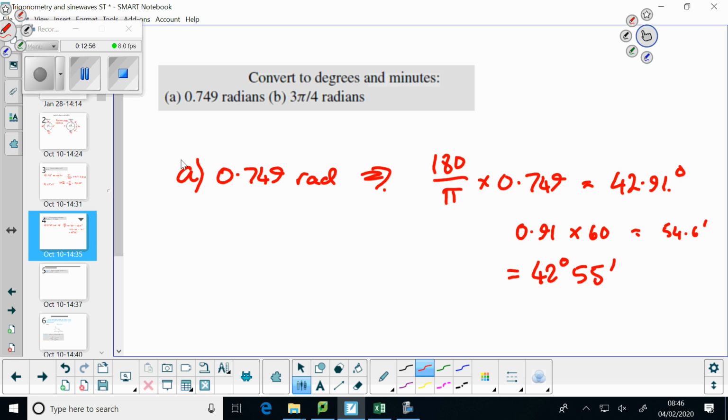Yeah. B, we're doing 3 pi over 4 radians times 180 over pi.